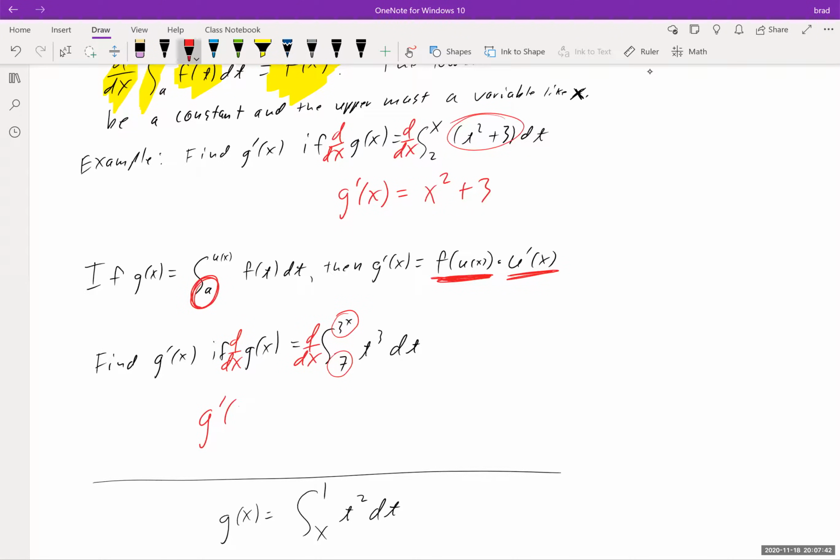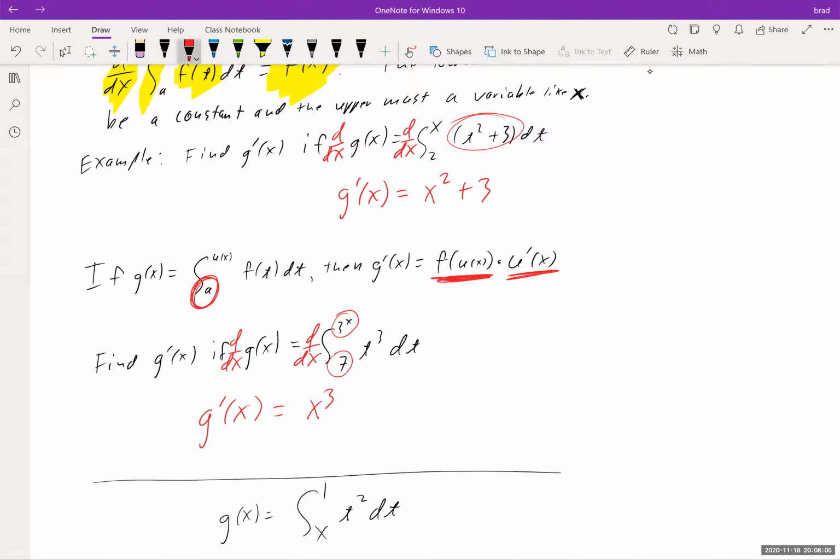So the left side will become g prime of x. So anyway, we have the derivative of this. Now the derivative of the integral is just going to be x cubed, right? So that's what we should have had.